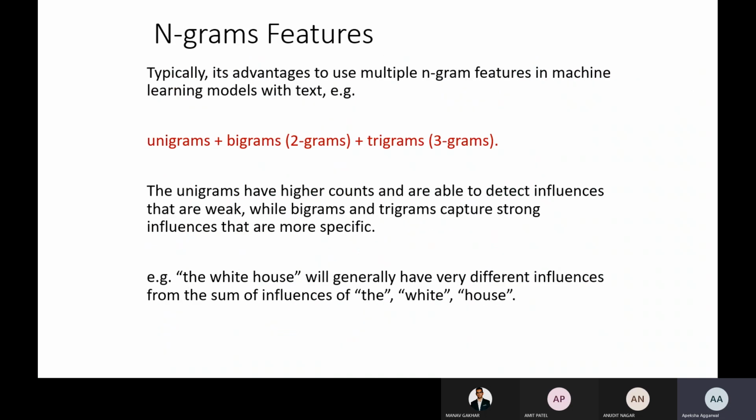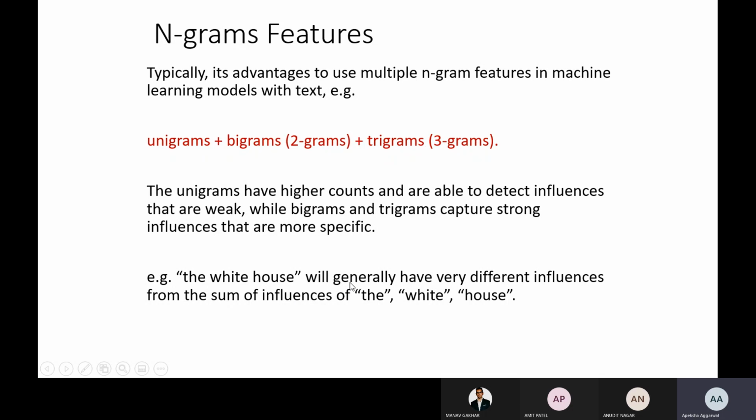So similarly, we have unigrams, we have bigrams, we have trigrams. The advantage of using multiple n-grams is that it is able to detect influences that are weak, while bigrams and trigrams capture strong influences that are more specific. For example, the White House.